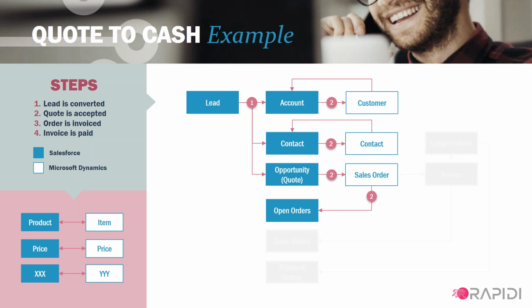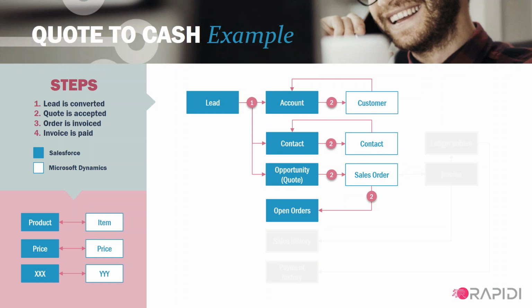In this case, they don't have to switch to Microsoft Dynamics to get that information. They don't have to make internal calls to the order department to figure that out, but they can see the information updated directly in Salesforce.